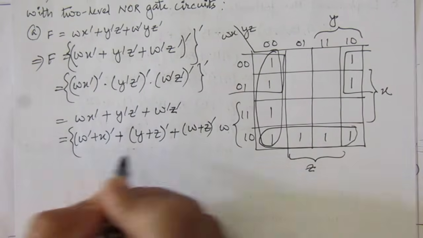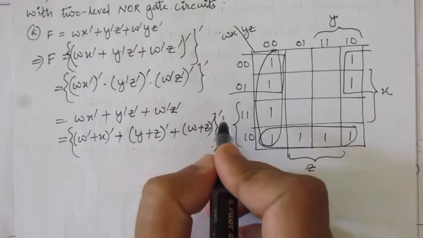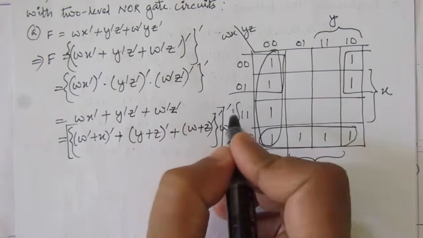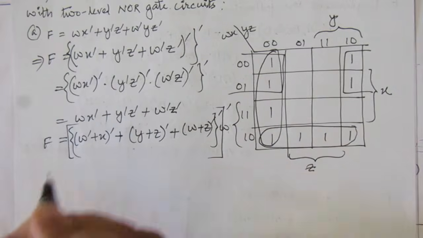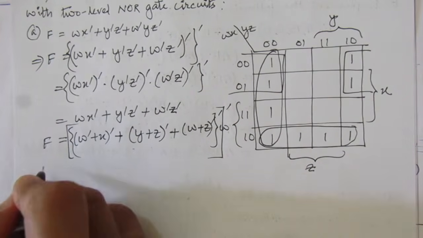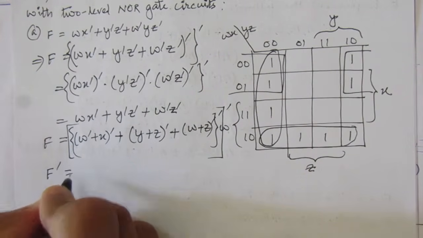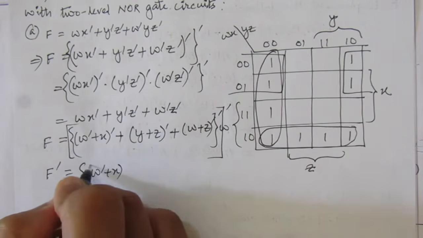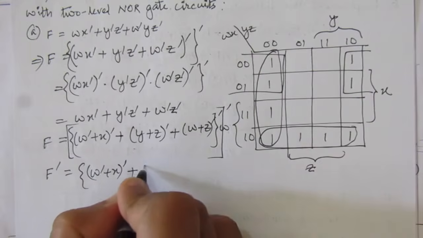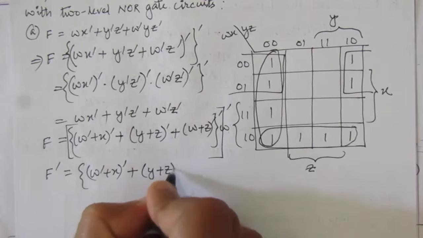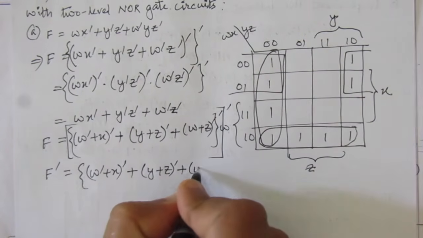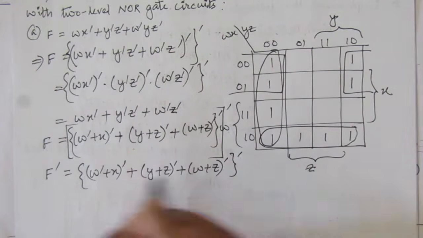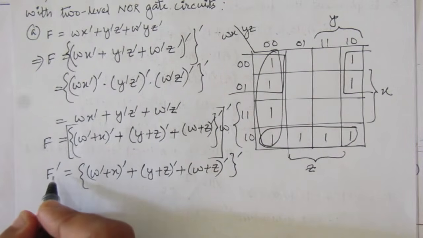So we complement once and again, and we get the complement function. If we write it as f complement equal to w bar plus x whole bar plus y plus z whole bar plus w plus z whole bar, and whole complement, because we have taken one complement out here.